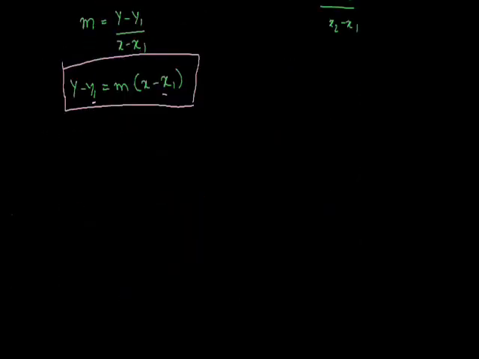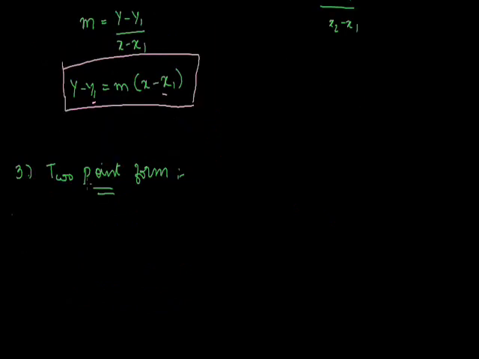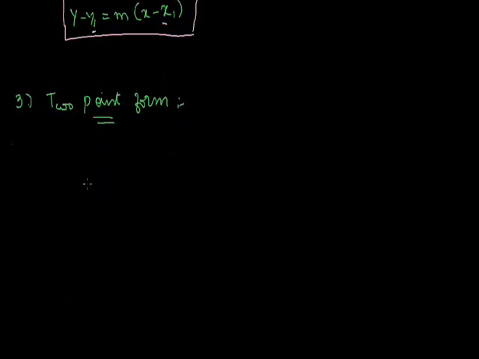On the basis of point slope form, we have one more criteria or one more form by which we can represent our equation of the line. That is two-point form of a line. As we had seen in our point slope form, we took two coordinates P and Q. In a similar way, over here also we'll take only 2 points through which the line passes irrespective of the value of its slope.